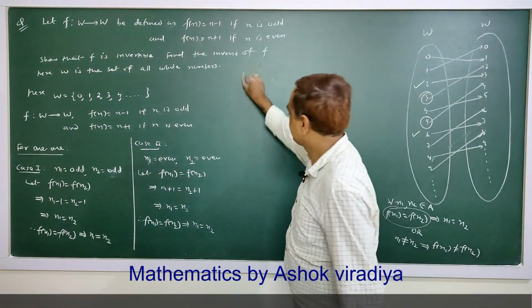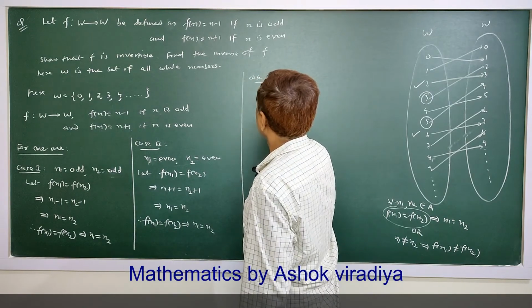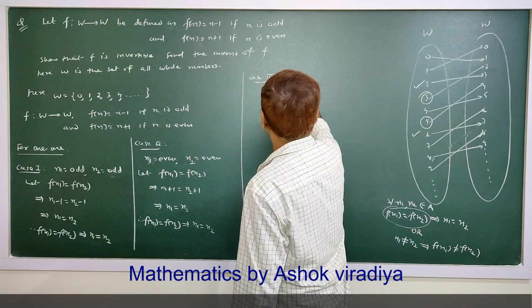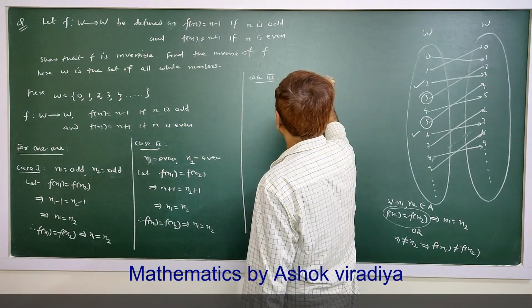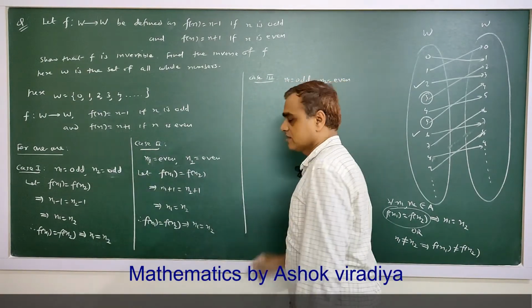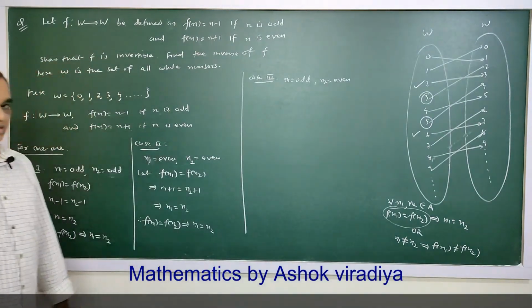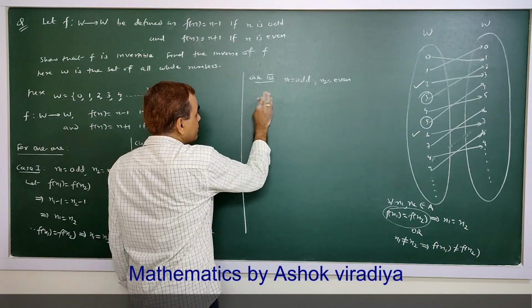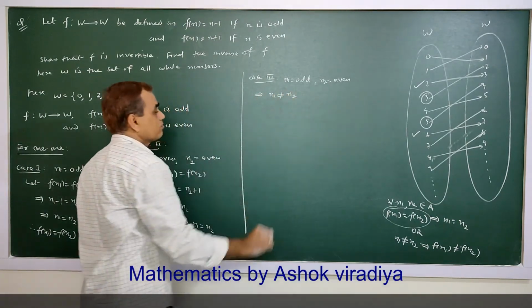Now case 3. If n1 is odd and n2 is even, then obviously this means n1 not equal to n2.